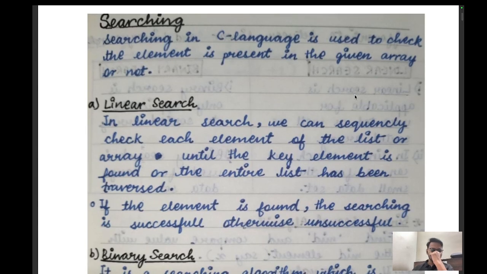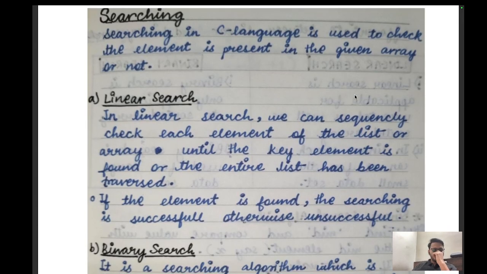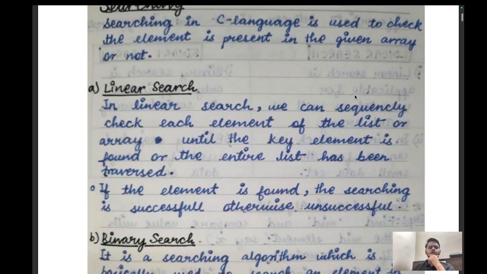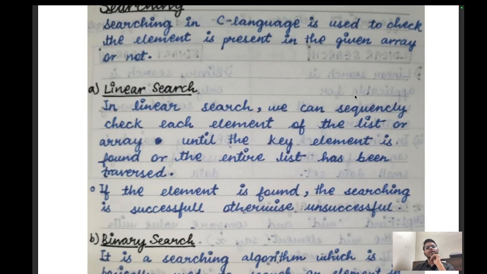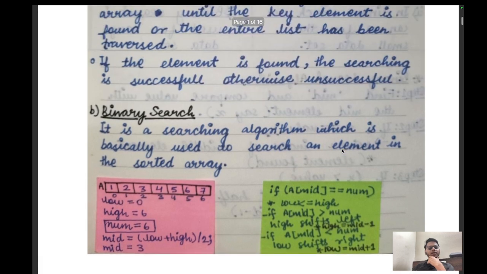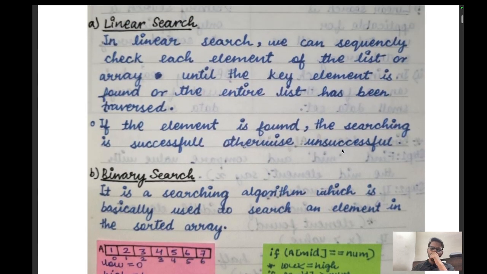Now let us begin with the different types of searching techniques we use in data structures. We are not going to cover all the searching techniques, because in the AKTU syllabus very limited techniques are given, and I would say only two techniques of searching are there: linear and binary search.